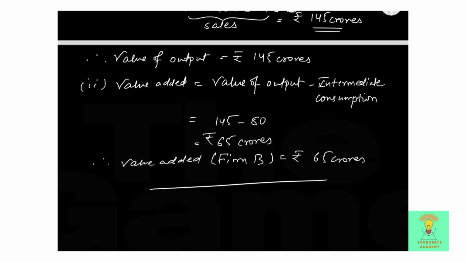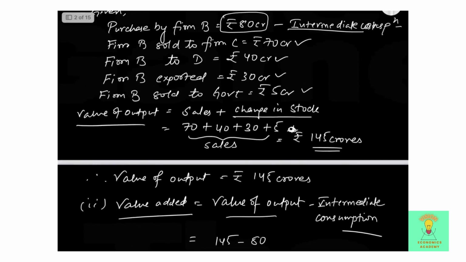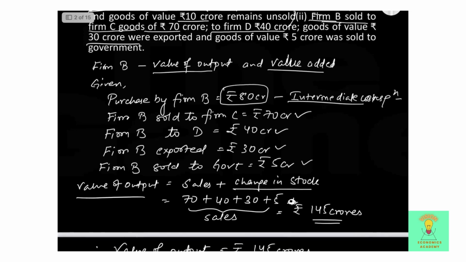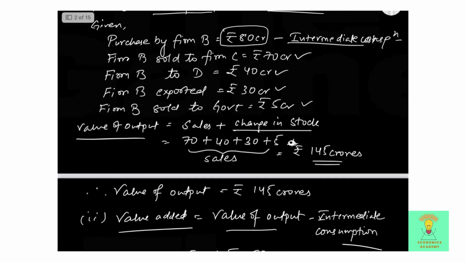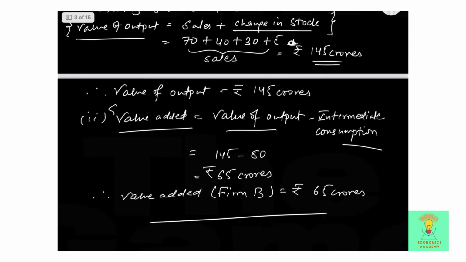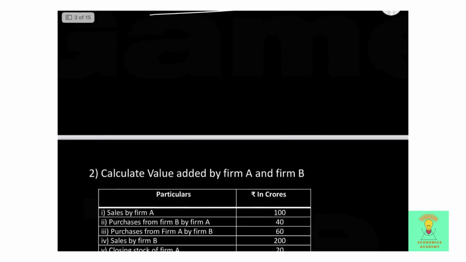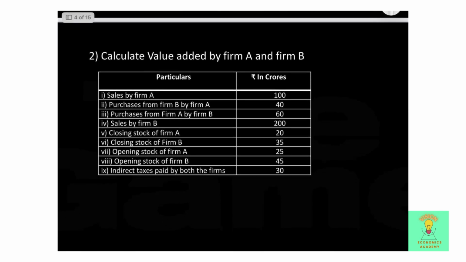I will not dive into too much detail about the explanation of the formulas because I have already done that in the previous episodes. Right, and I've explained here also what value of output comprises of, and what value added comprises of, and we have straight away got the answer, right? So let us move to the next question, that is question number 2, right?